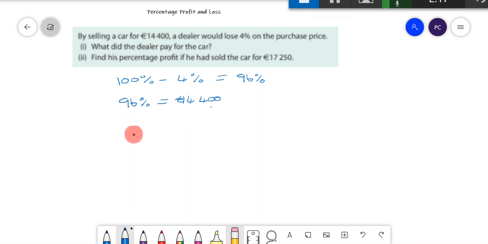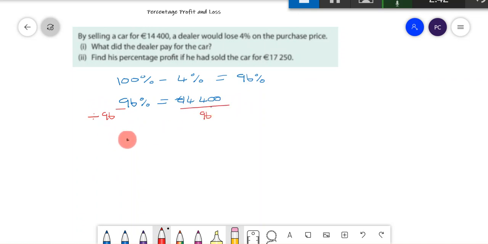Now the way we can do that is we can find out what 1% is. So we look at this 96% and think, what can I divide this by to turn it into 1%? So I can divide this by 96. And to keep this balanced, I have to divide this side by 96 as well.